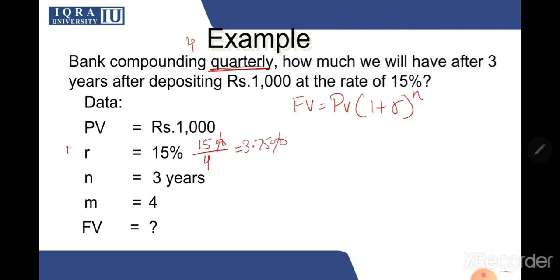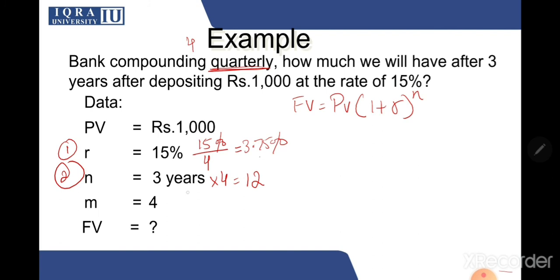And the other step is to multiply your n by m. So if you multiply 3 by 4, you get 12. So the interest that is being paid in each period is 3.75%, because in the whole year the interest being paid is 15%, but in 1 quarter it is going to be 3.75%.